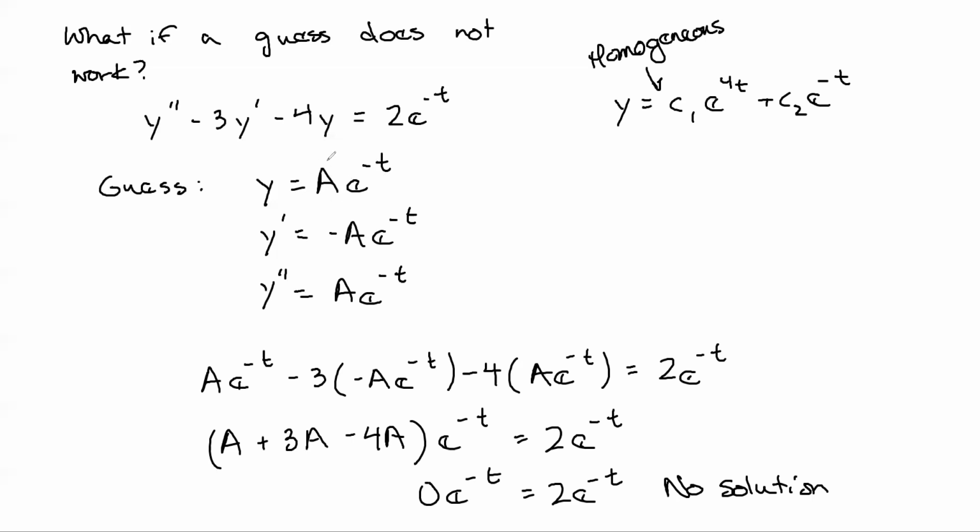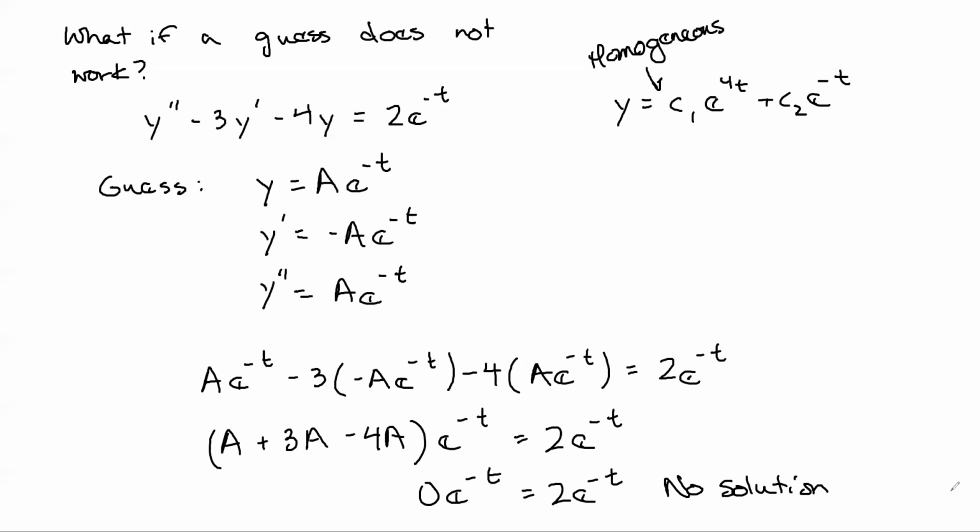If you recall from earlier videos, when we were trying to find an additional solution when we only had a constant multiple, what we ended up doing was adding a t in here, because t e to the negative t is going to have derivatives that, using the product rule, look like a constant multiple of e to the negative t. So adding a t will enable us to still, maybe, generate solutions that could work.